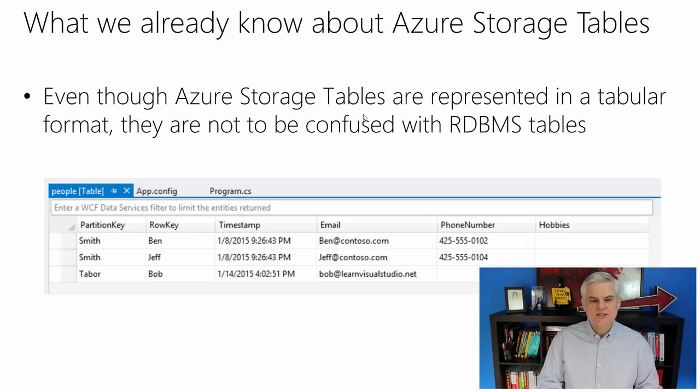However, that does bring us to what we saw in a previous module when we were looking at the Azure tools for Visual Studio. We looked at a table in the main area, and it was represented kind of like this, where we have two entities that have the same properties, the same name value pairs, not just the partition key, row key, and timestamp, but also email and phone number.